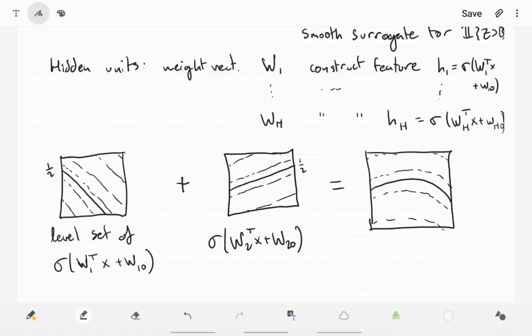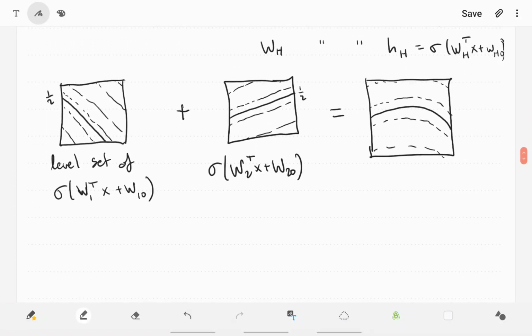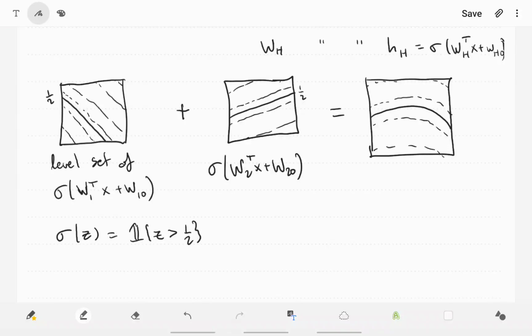Sort of as an extreme example, let's think about a sigmoid function which is not smooth or continuous. It's just that sigma of z is equal to the indicator that z exceeds 1/2, for example. So this is sort of the non-continuous version of the sigmoid function.